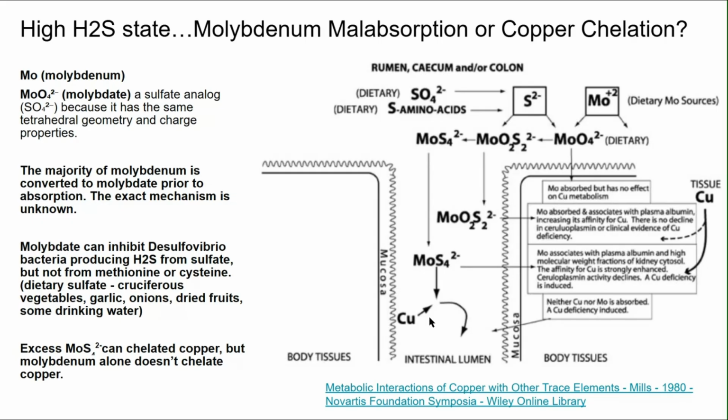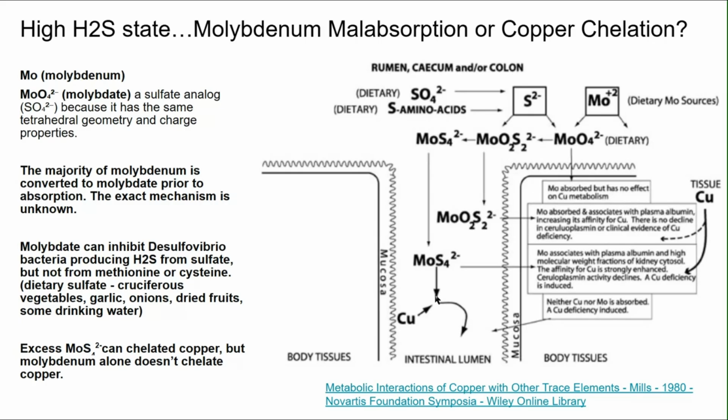Okay, so tetrathiomolybdate can bind to the copper in the gut, and then that would actually be chelated and you would not absorb your copper. So if you have chronically low copper levels and you suspect that you have hydrogen sulfide producing bacteria in your small intestine, that could be the way that you're struggling with copper absorption.